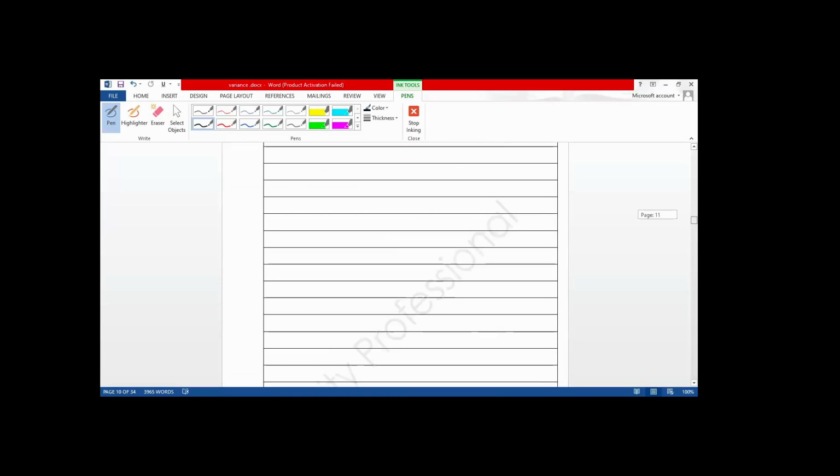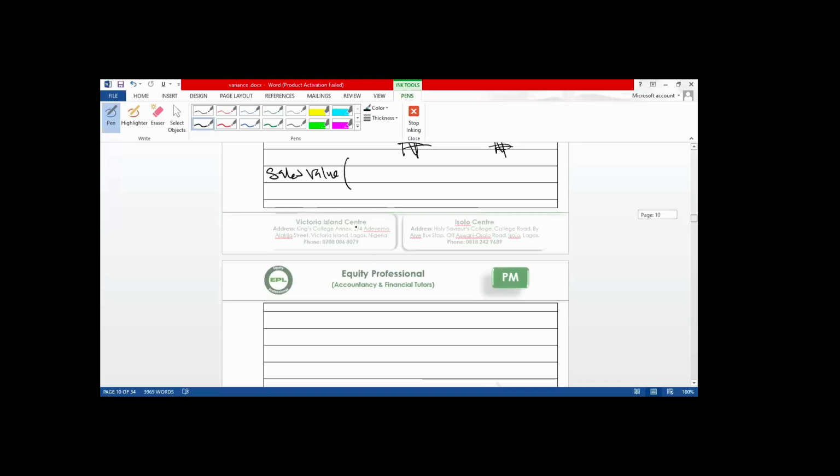Actual sales value, 2,400 multiplied by 6,120.